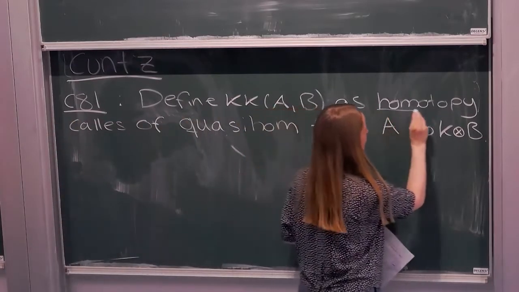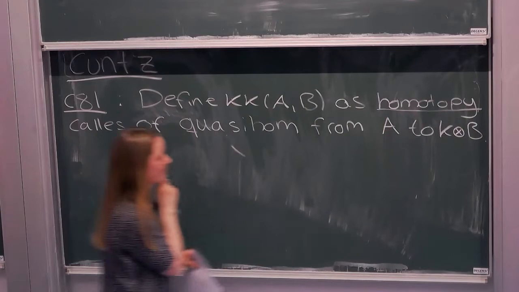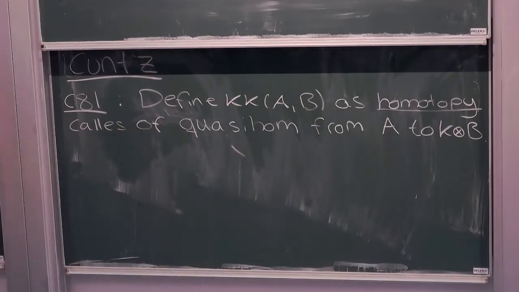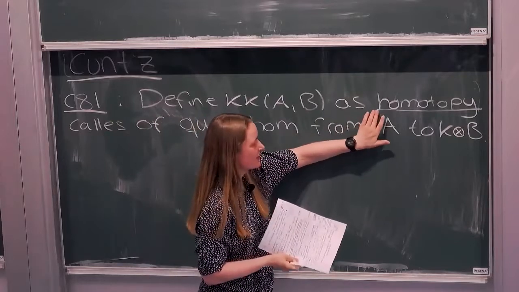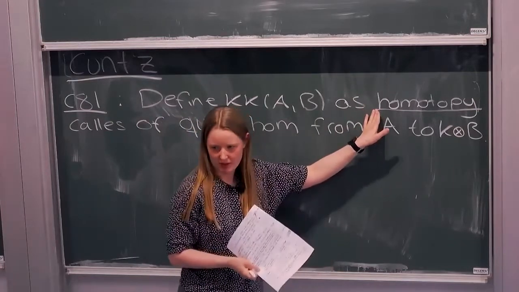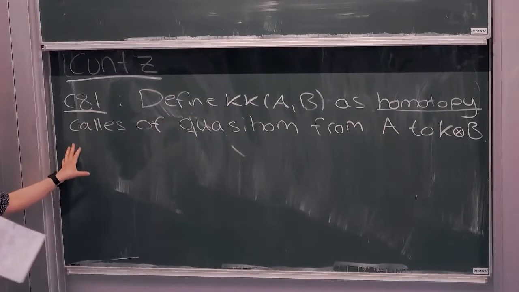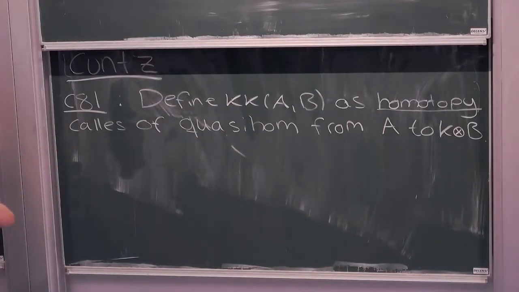I will not use this picture anymore, but there is a way to define homotopy equivalence of these quasi-homomorphisms, so maybe if we have time in the end, I can give you that.